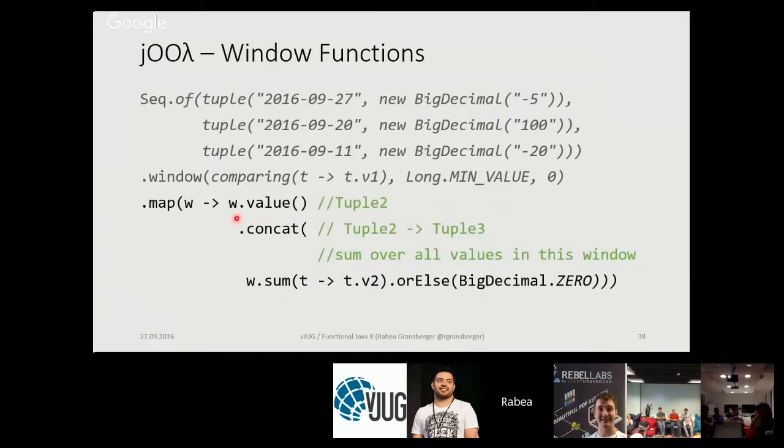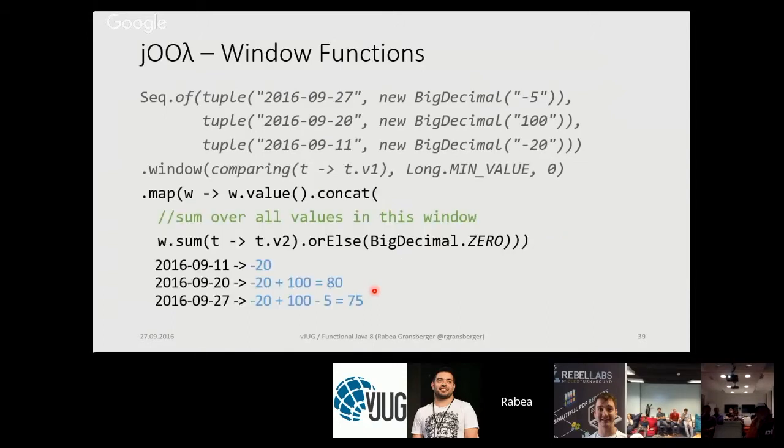So we have the original window value, which is our tuple 2 from above. And we can call concat on it and create a tuple 3 from it. So we add another value to it. And the value we will add is the sum of our current window over all the values. So the value 2 from our tuple. And what we actually achieve is for the 11th, we have only one value, minus 20.